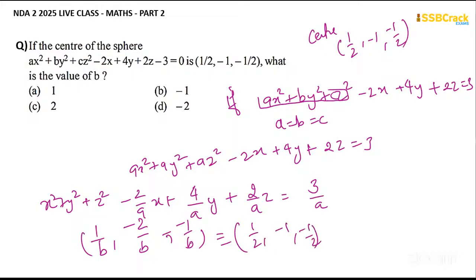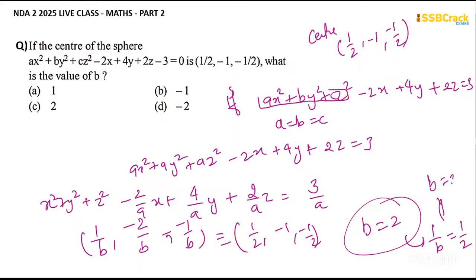So if you compare both sides, you will see that b is equal to 2, because 1 upon b will come out to be 1 upon 2. So b will be equal to 2 only. Okay, so this is the way of asking the question. Okay, next question.